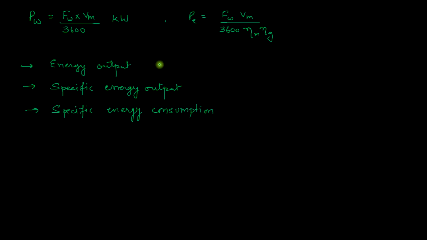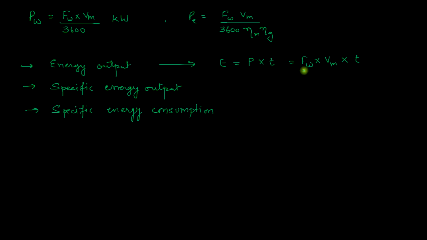We all know that energy is defined as the power consumed in a given interval of time. So E will be equal to P into T, where P is the power and T is the time interval. If I substitute the formula for P, it will be FW times Vm into T. Considering the time is given in hours, I don't need to convert this into seconds.